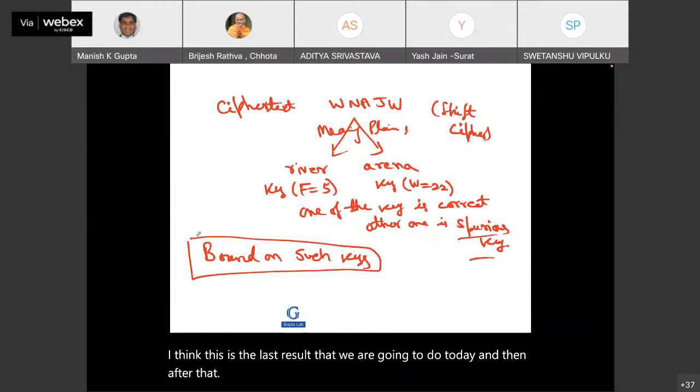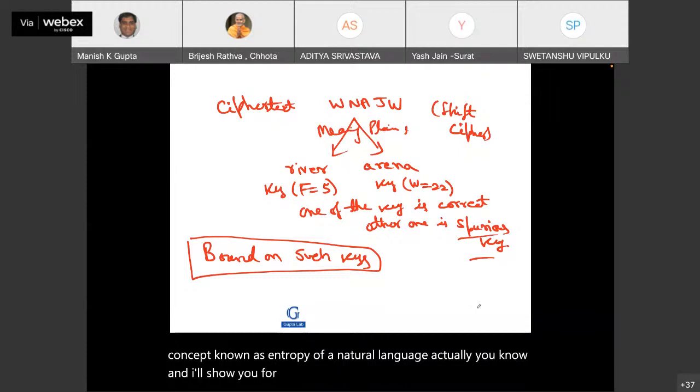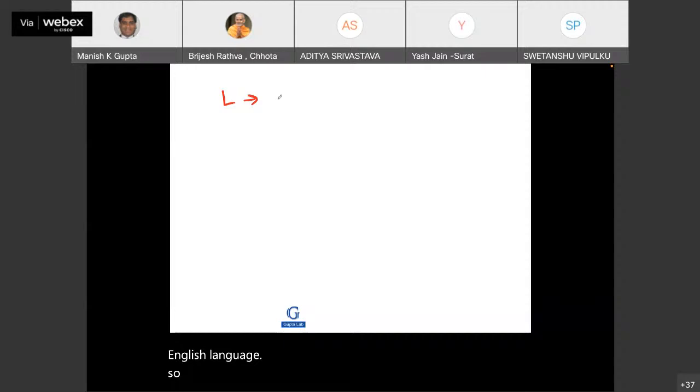Now, before discussing spurious keys, I need to talk about one concept known as entropy of a natural language, and I'll show you for English what we can do. So suppose L is a natural language. Entropy of L, we denote it by H_L.